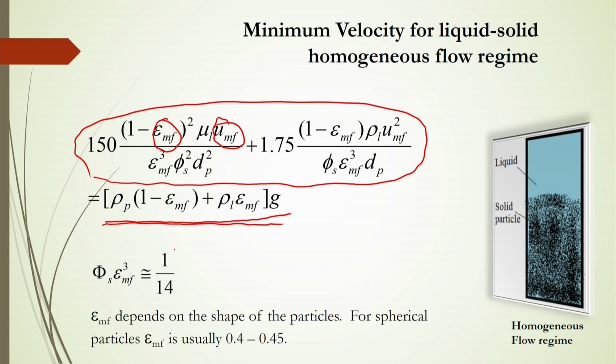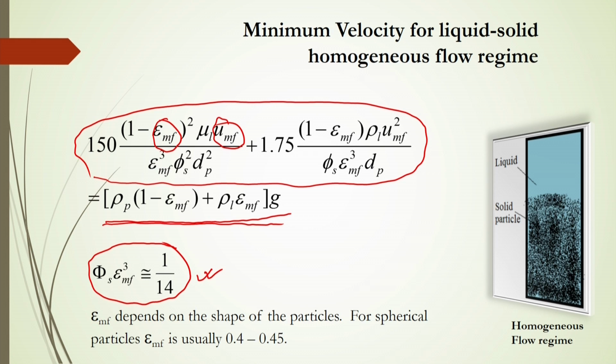This minimum fluidization voidage you can again get from the relationship phi s into epsilon mf cubed, which is almost equal to 1 by 14. So, from this equation you can get the minimum porosity or minimum voidage inside the bed for this liquid and solid system.